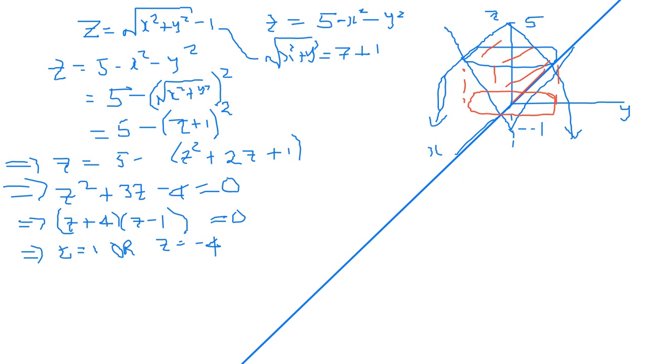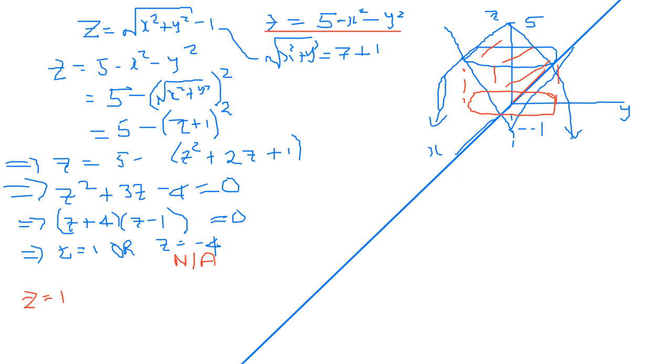Now z equal to negative 4 is obviously not applicable in this case, because at negative 4 the cone doesn't even exist. So we have z is equal to 1. Now with z equal to 1, go to whichever equation you want to use. Let's use that one.